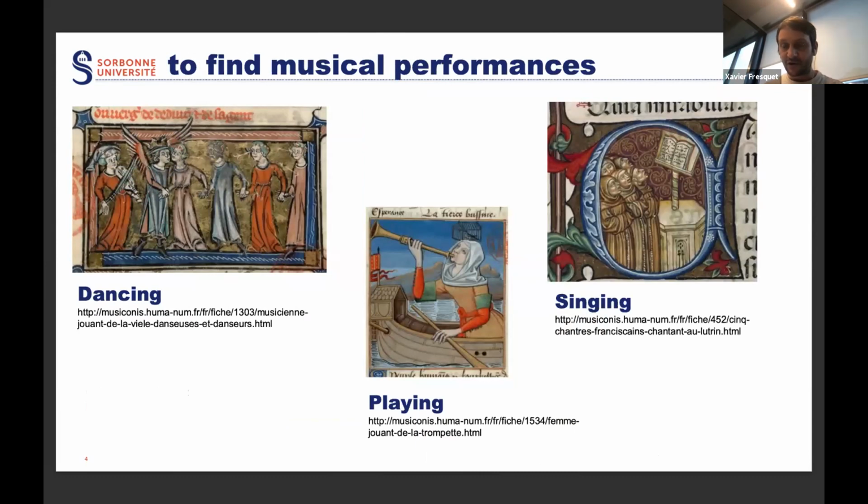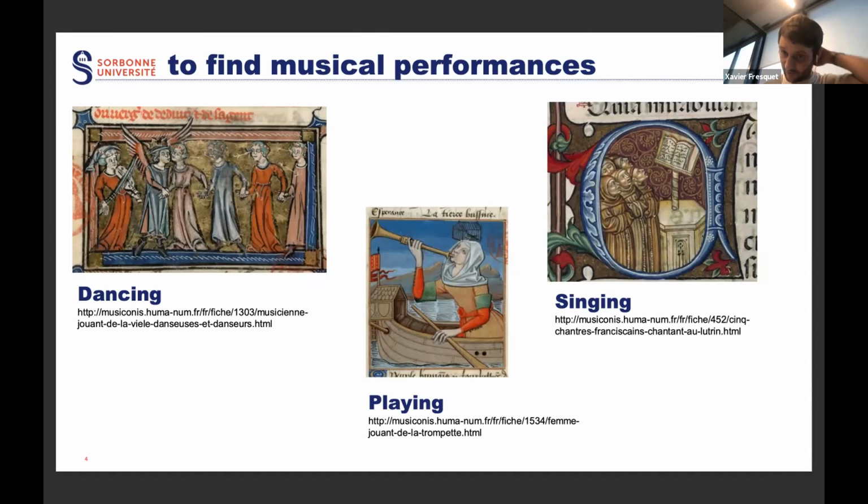And because we are musicologists, what we focus on is what we call musical performance. Musical performance is of course related to music making and instrumental playing. So in the middle here, you have a picture of a woman playing a trumpet or a trump, or we can discuss that. But it can also be related to dancing, as you can see on the left, and it can also be related to singing.